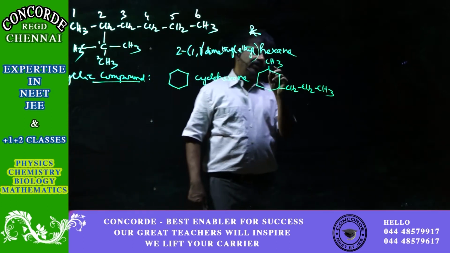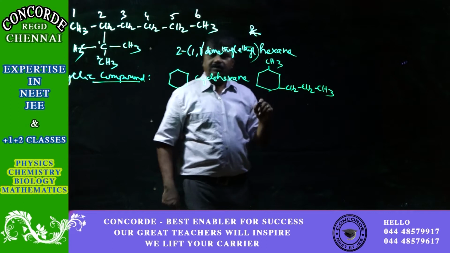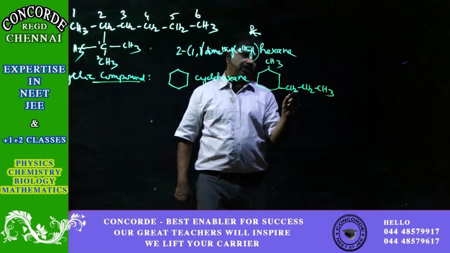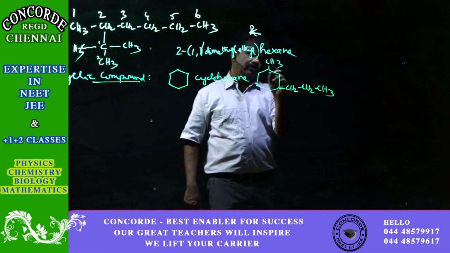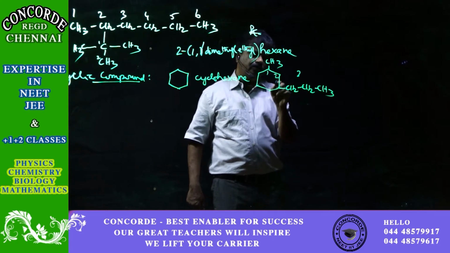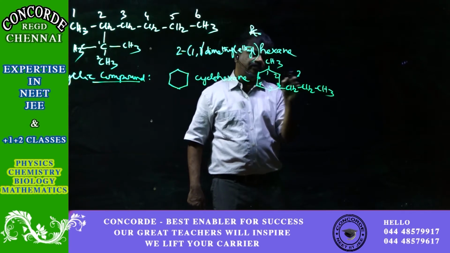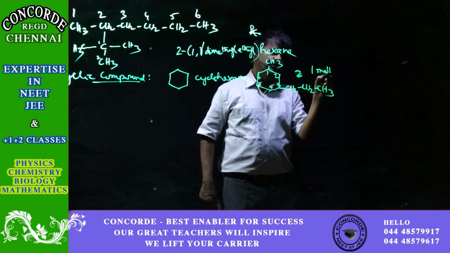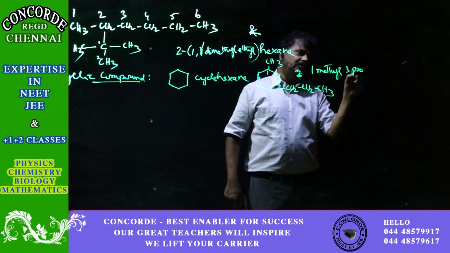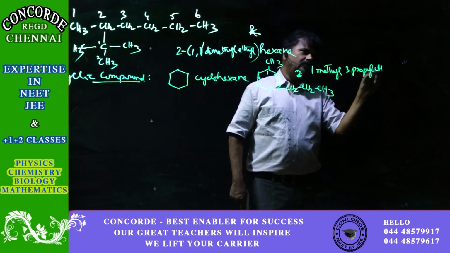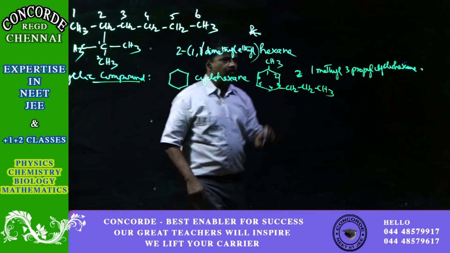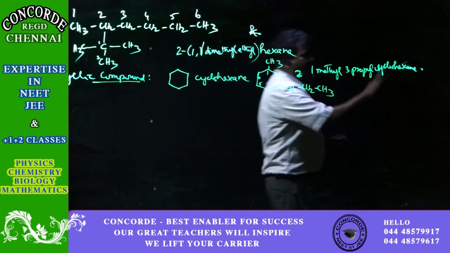Again alphabetically, first is methyl and the second is propyl. So 1 is numbered here, 2, 3, 4, 5, and 6. So this is 1 methyl, 3 propyl cyclohexane.